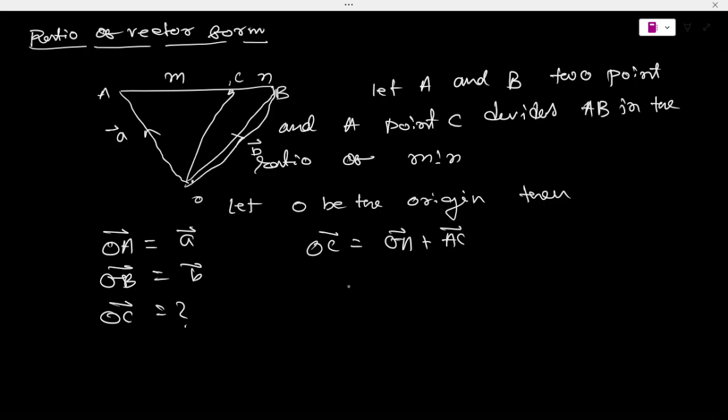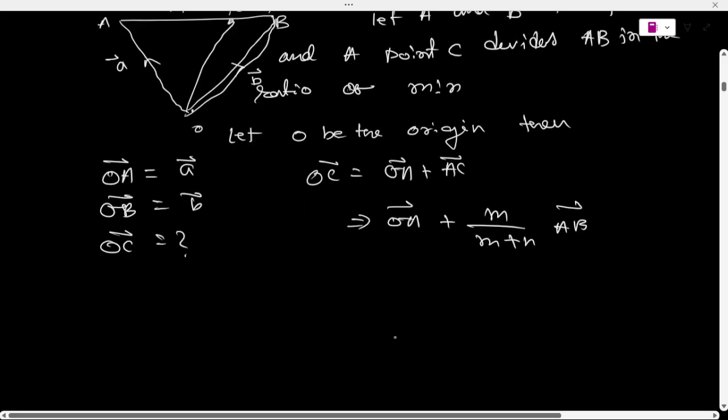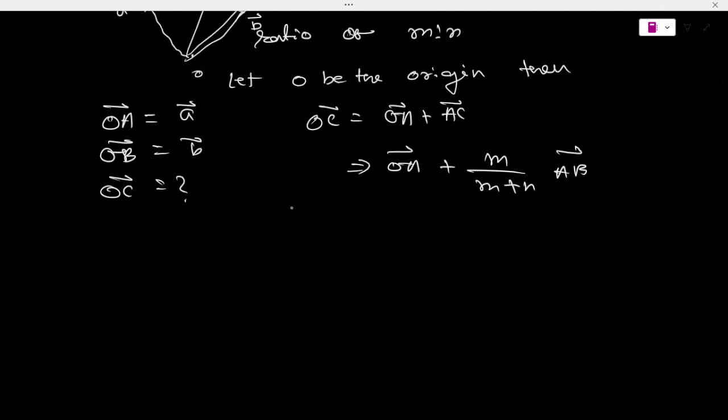So it comes out as OA vector plus M divided by M plus N into AB vector, since AC is equal to M divided by M plus N into AB vector.